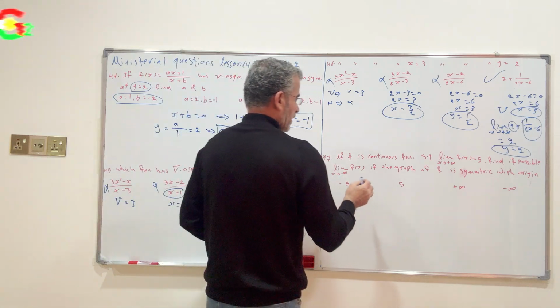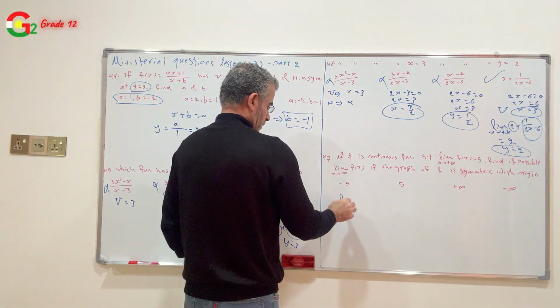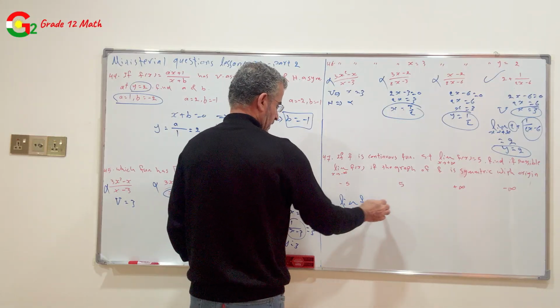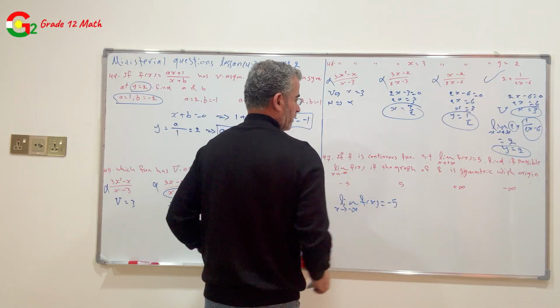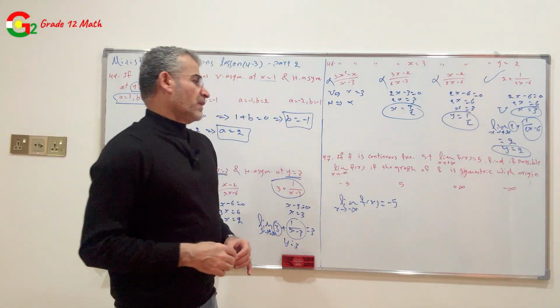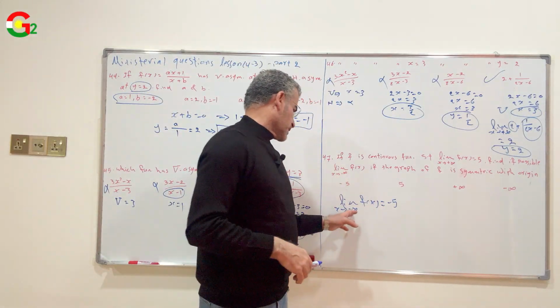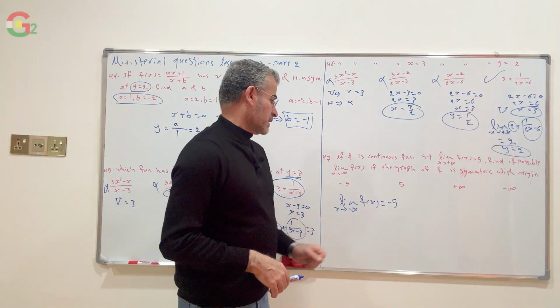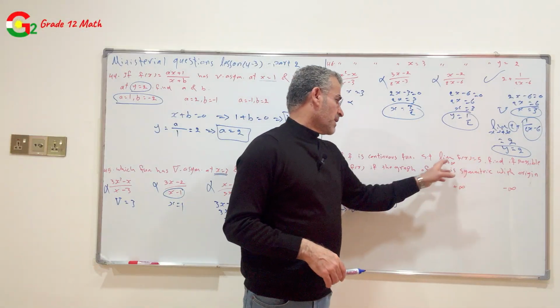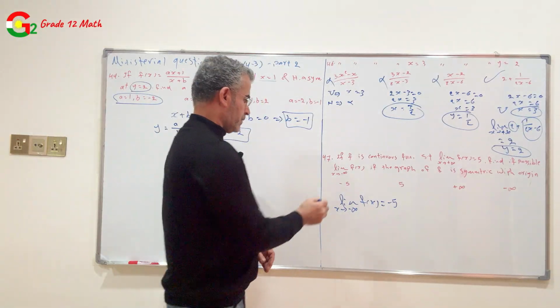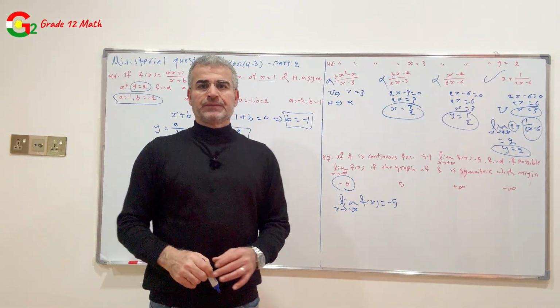Therefore, the limit of the function when x approaches negative infinity is equal to negative 5. If the function is even, then the limit when x approaches negative infinity for f of x will be the same as when x approaches positive infinity. Therefore, the right choice is A.